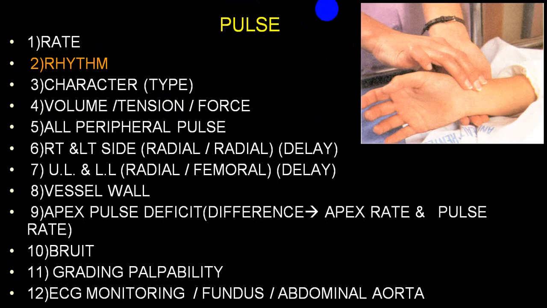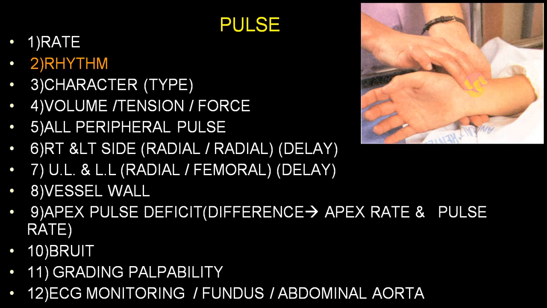Now we go to what we call rhythm. While you are examining a pulse, always look at the interval between the two pulses. All intervals between the two pulses should be regular. And if it is regular, we call that a regular rhythm. Remember, a good number of conditions may have a regular rhythm, but on an ECG it can be complete heart block, it can be 2:1 block, which will not be a sinus rhythm, but maybe some arrhythmia.